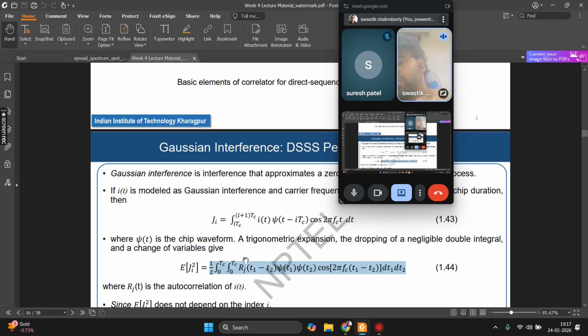Basically the cross correlation between the signal at t1 and the same signal at t2 is known as the autocorrelation. Of which signal? IT, the interference signal. Here we are not dealing with the noise. We are only dealing with the interference signal IT.